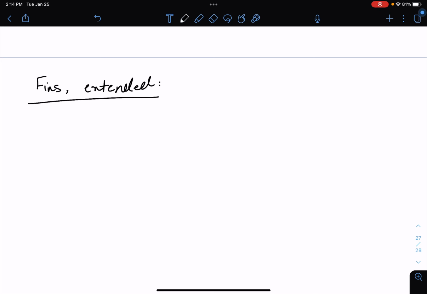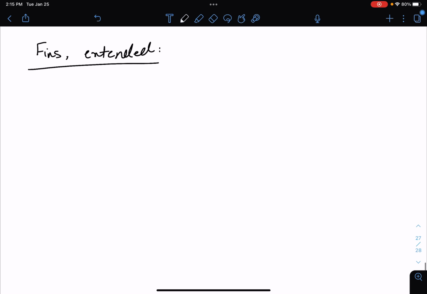So essentially, fins are extensions to your surfaces whose whole job is to extend the heat transfer surface area, right? And when you extend the heat transfer surface area, we are essentially increasing the total heat transfer rate, because total heat transfer rate is a direct function of your surface area. And in general, fins look like this.